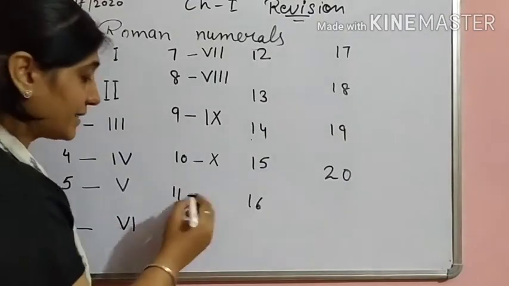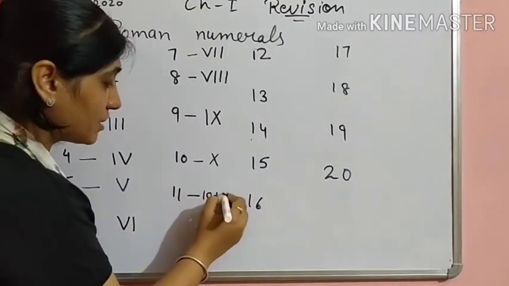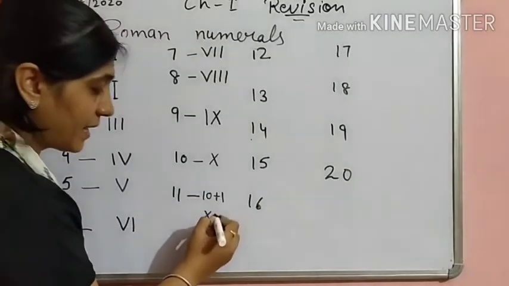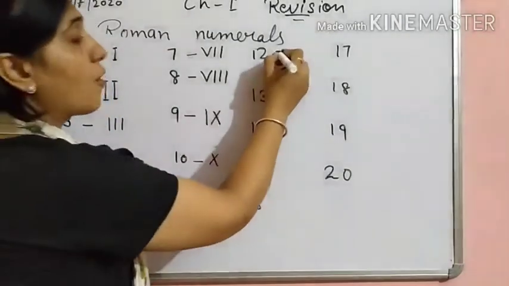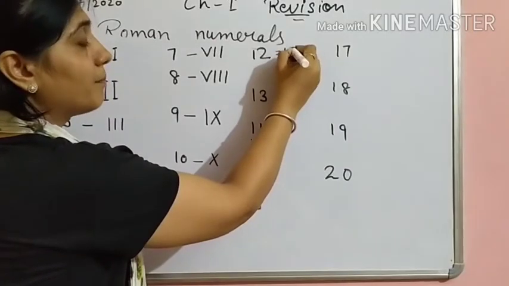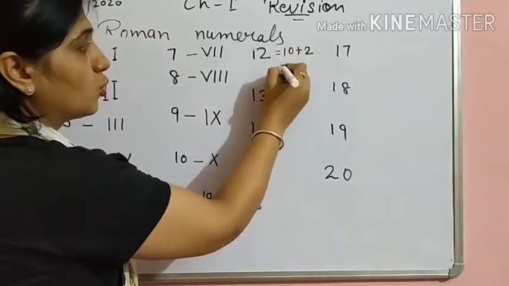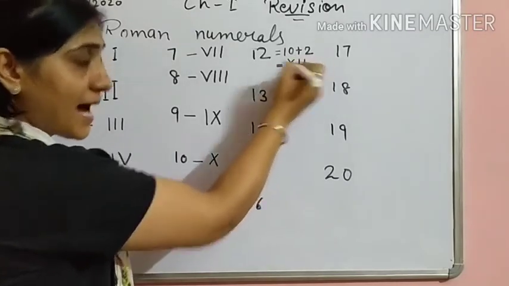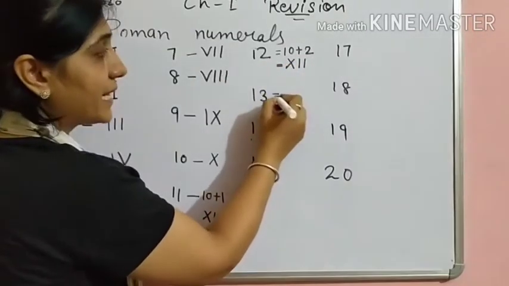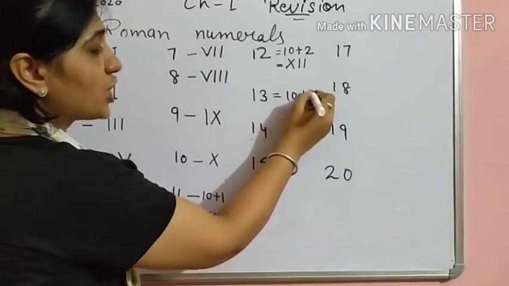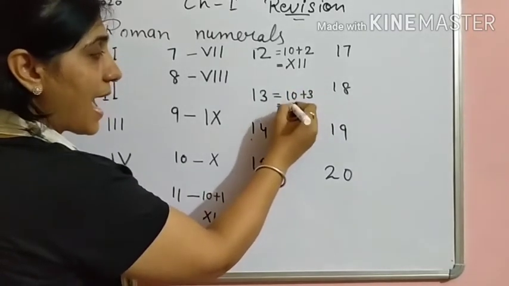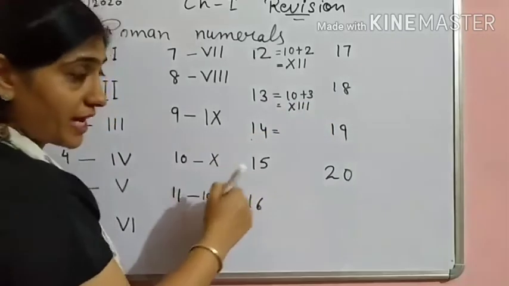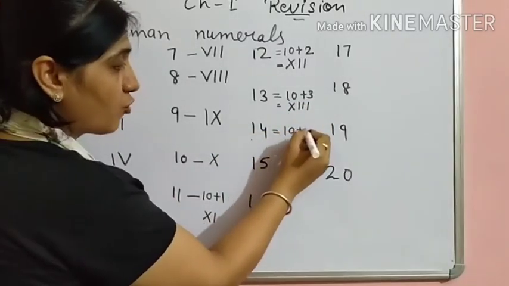Now 11. How can I write the 11? 10 plus 1. Symbol for 10, X and I. Now how can I write the 12? 12 means 10 plus 2. The symbol for 10, X, II. 14 is 10 plus 4.